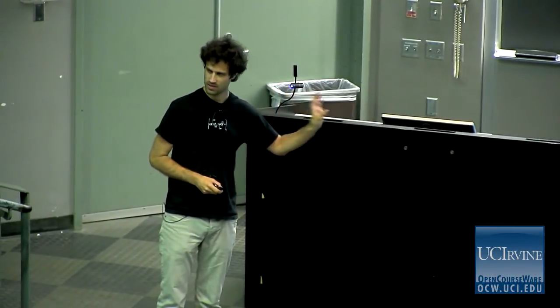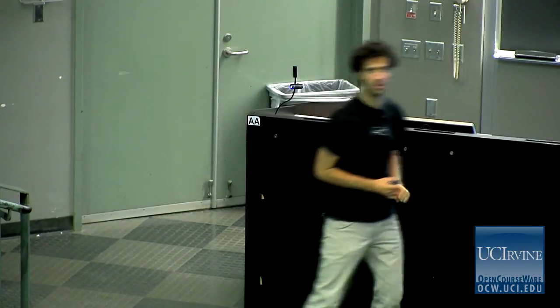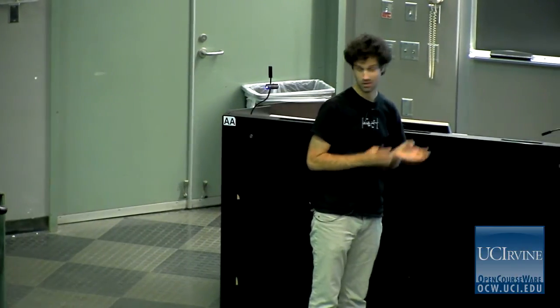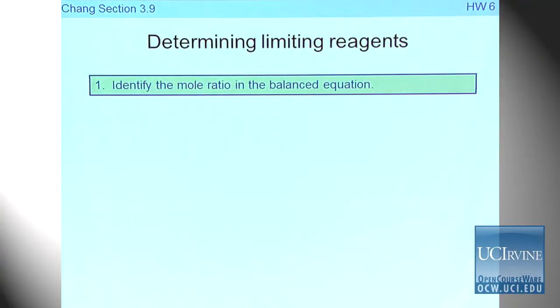This is kind of like a method, and this is the method that always works, and you would be wise to apply it. There's more ways in which you can get to this answer. Okay? But let's see. What you want to do is this. Identify the mole ratio of the balanced equation. That was the 1 to 1 that we just identified. Those are the stoichiometric coefficients. It's the mole ratio between the reagents.